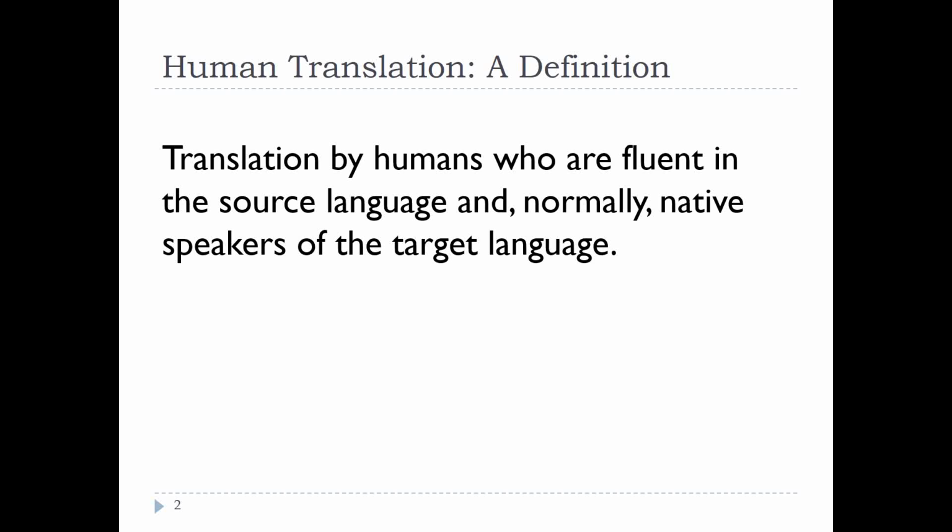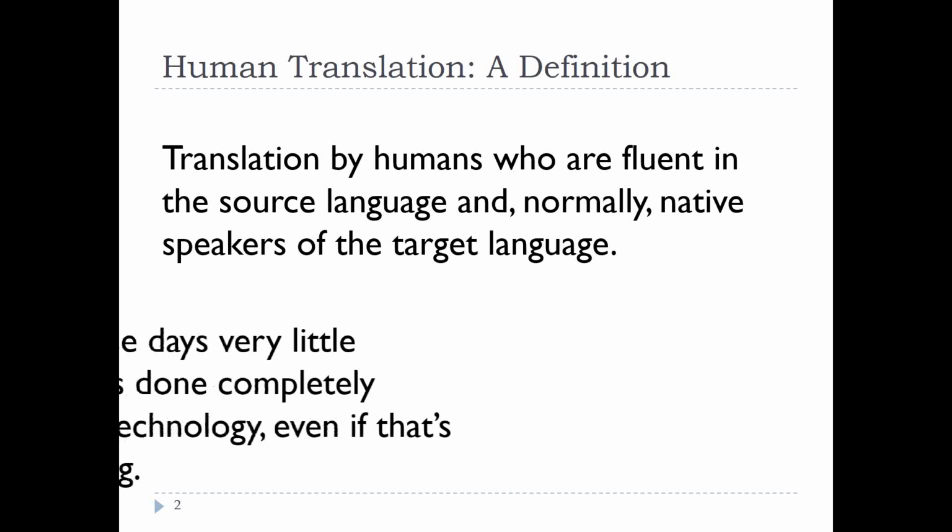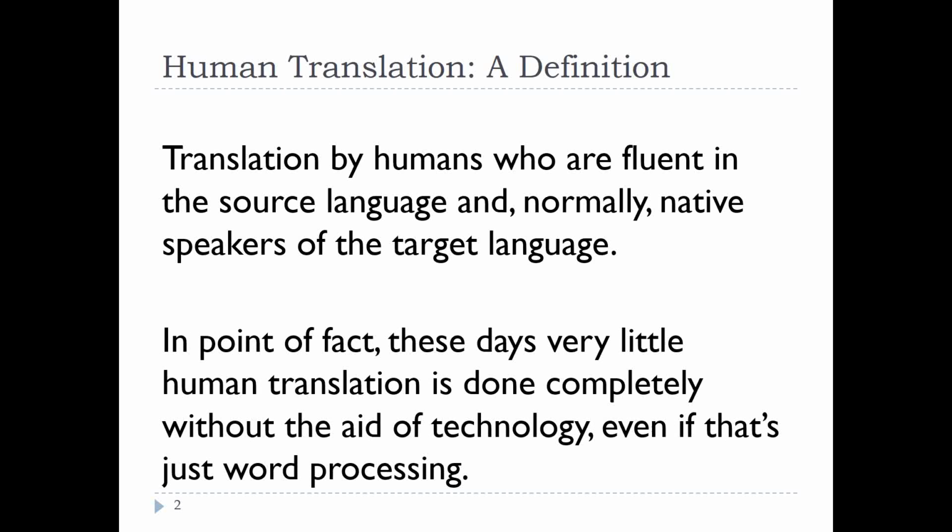This is a reasonable definition, although in the context of translation technology, it's a little bit dated for the reason that these days just about all translation work involves the use of some type of computer-based technology, even if that is just the humble word processor.